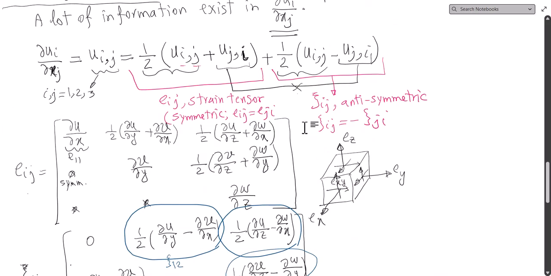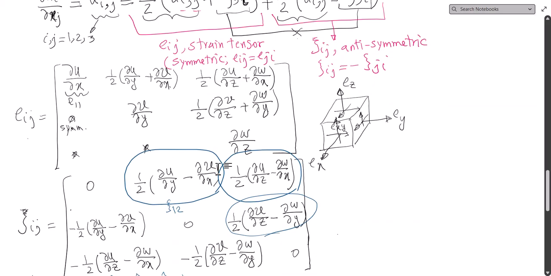For the second element, e_xy, you put 1 and 2, which is x and y, so you get the derivative of u with respect to y plus the derivative of v with respect to x. And similarly for e_xz, and because this is symmetric, you don't have to calculate all of them. You need to calculate e_yz, and that's it basically.